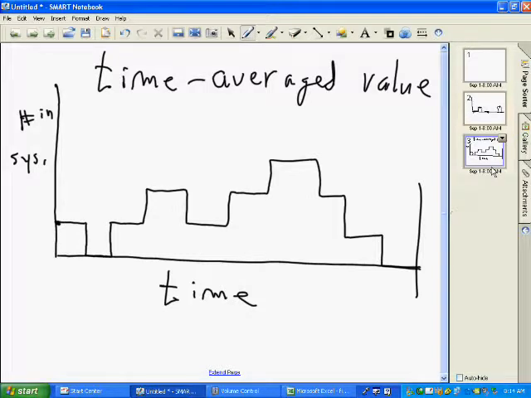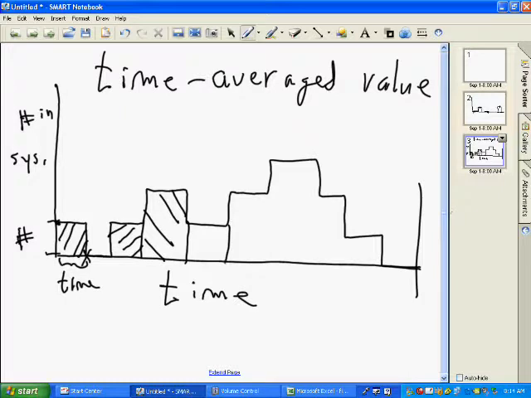Okay, let me demonstrate. Here we have a service completion. Okay, we look at this area and we'll keep a running total accumulation of all these areas. Along this axis, this is the number, and this is time. So whenever something happens, we're going to look backwards and add how much area was added to our sum.